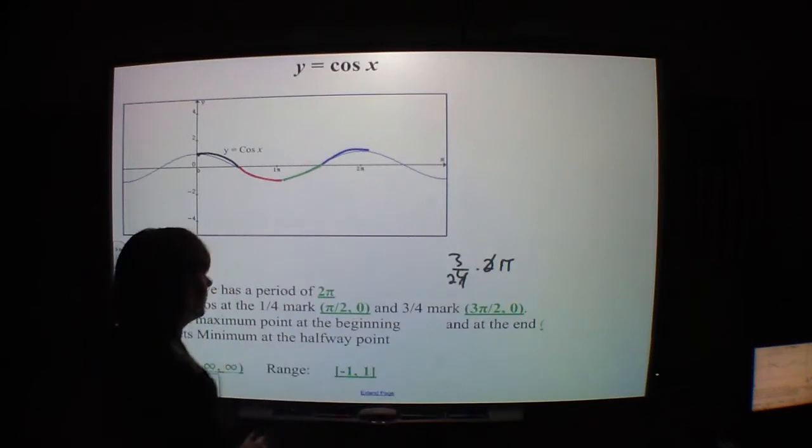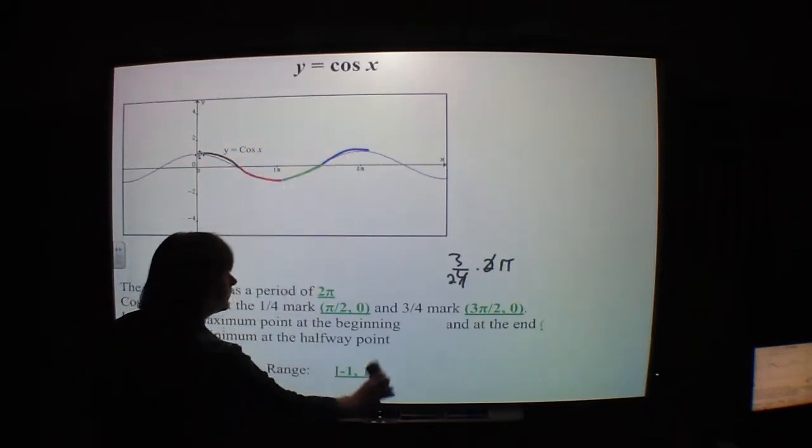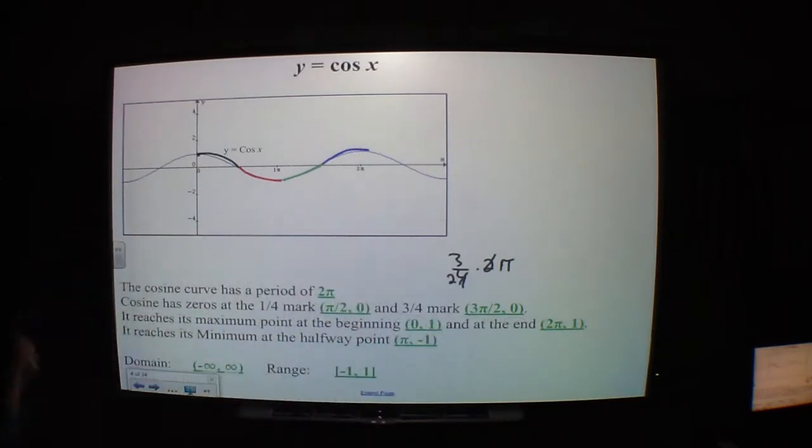That's how you get 3 pi over 2, comma 0. The maximum, beginning and end points. And the minimum is halfway through the period. So at pi, -1. Again, domain and range are the same as your sine curve.